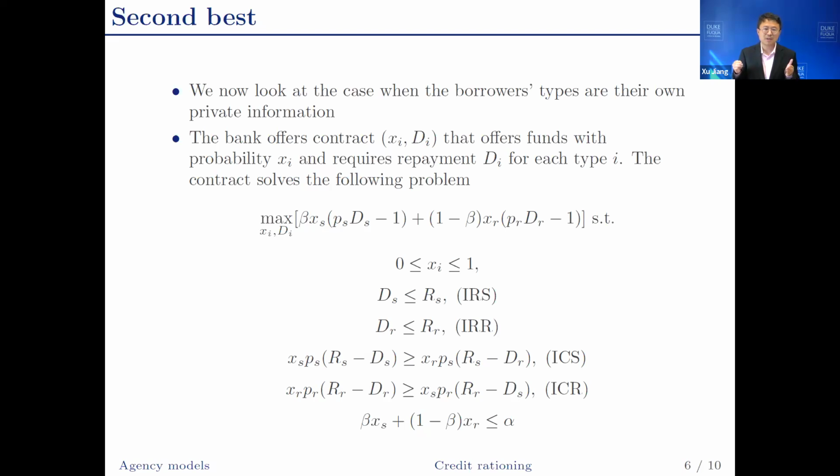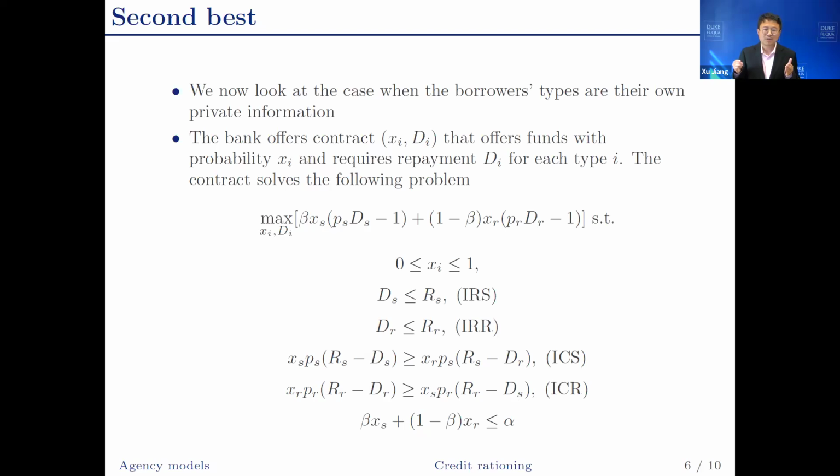As you can see here, because the bank does not know about the borrower's type, the bank cannot maximize its payoff for each type of borrower, but the expected value. This is subject to xi being a probability, so it has to lie between 0 and 1, and then the IR constraints for both types of borrowers, and then the IC constraints for both types of borrowers, and then the funding constraint. The bank only has alpha amount of funds.